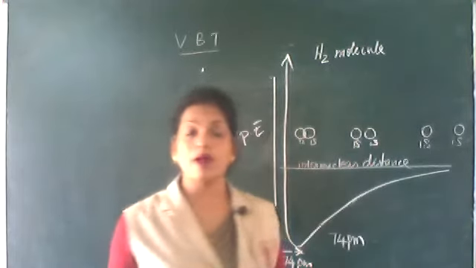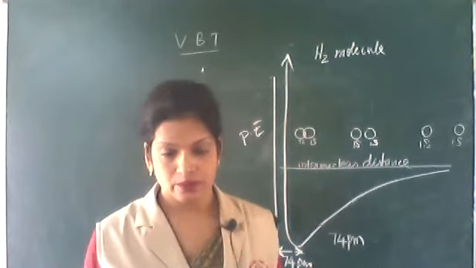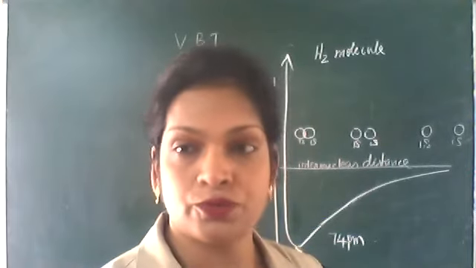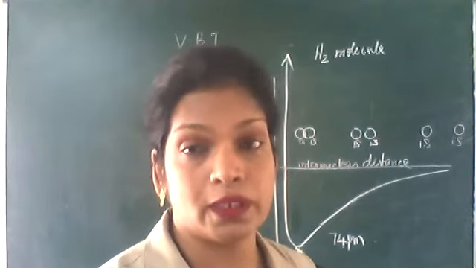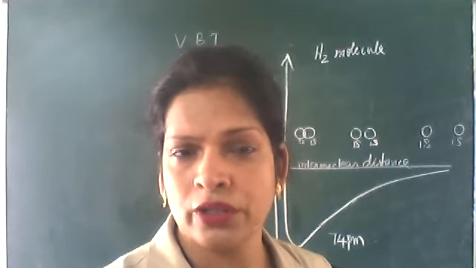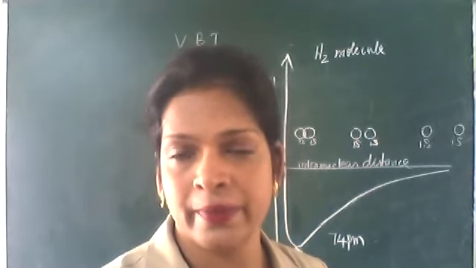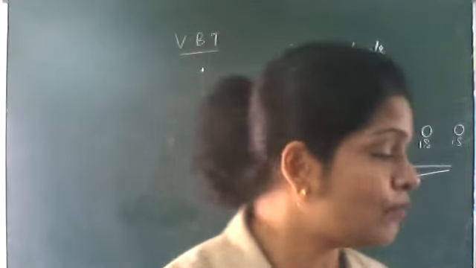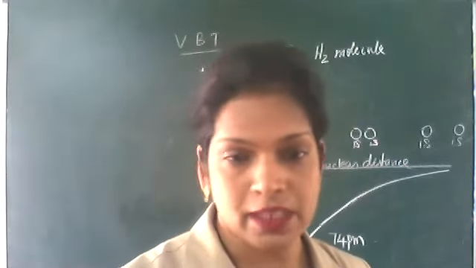Now, from hydrogen atoms, the H2 molecule is formed. So atoms combine to form molecules by this overlapping according to valence bond theory. Valence orbitals are taking part.